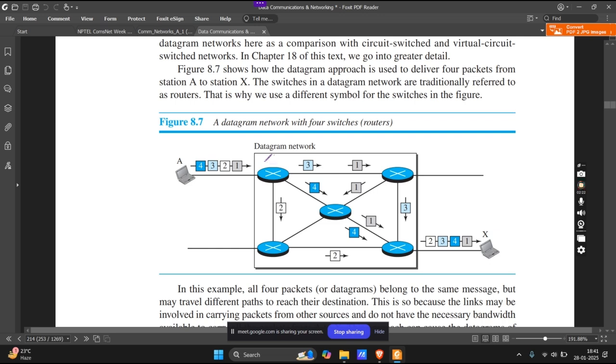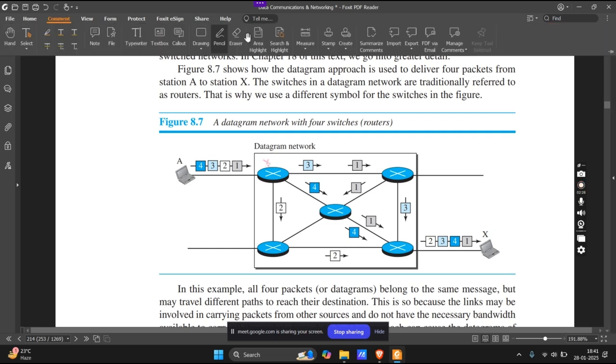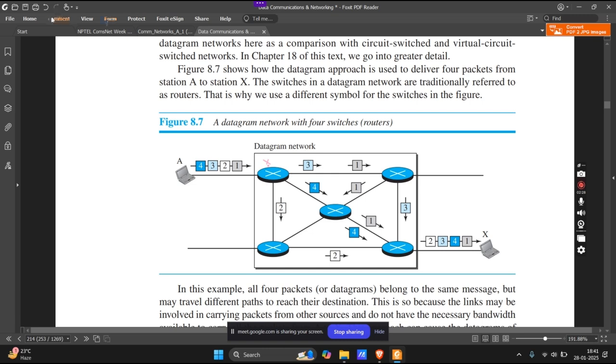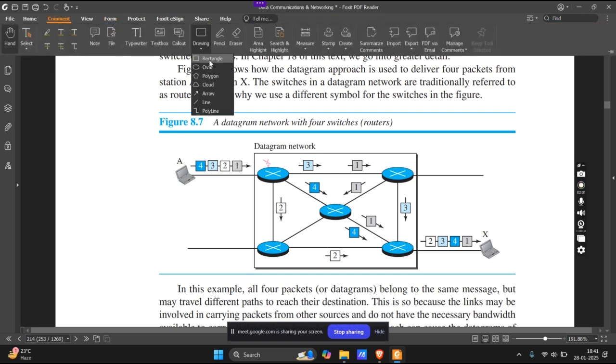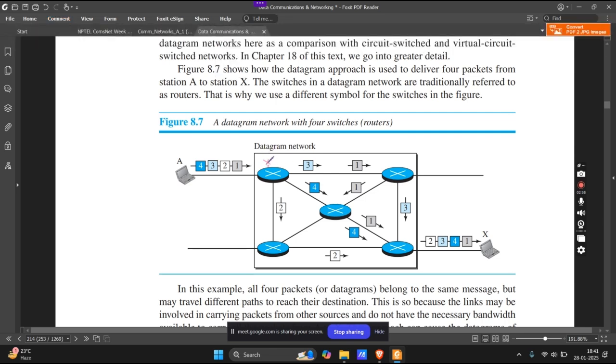So this particular switch here will have routing addresses. So when packet 3 comes here, it will see, okay, the address is X. So what will it do? It will output from this particular port, and the data will get automatically transferred here.